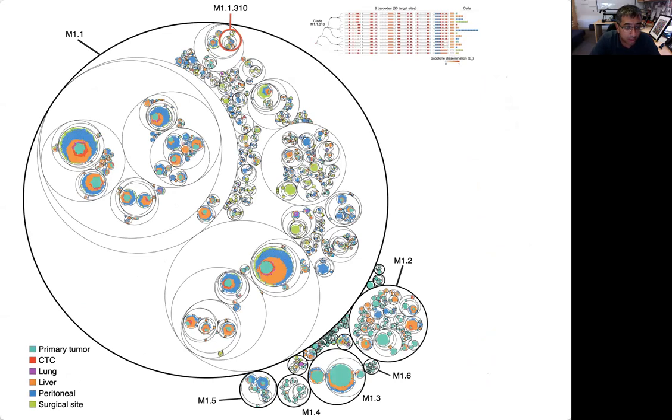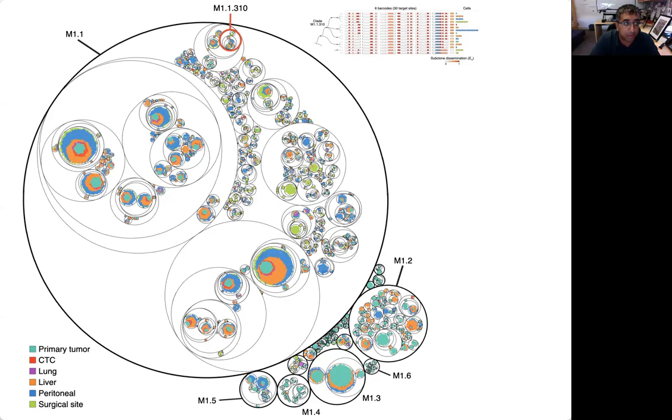And so one way of visualizing this kind of data is those trees, but that's really not compact enough to get a full view. So Cayman worked to develop this other approach, which we really like to see the whole picture. In this circle diagram, these big, bold-outlined circles represent the clones, right?